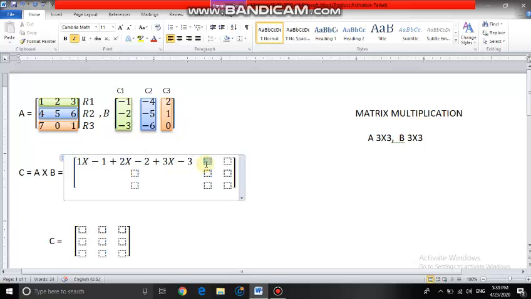Now if I want to go to the second element, first row, second element of the C matrix, C12, the element in the place of 1 by 2.